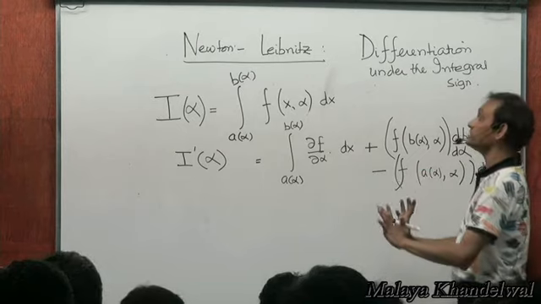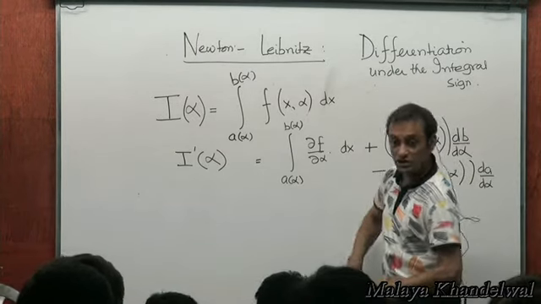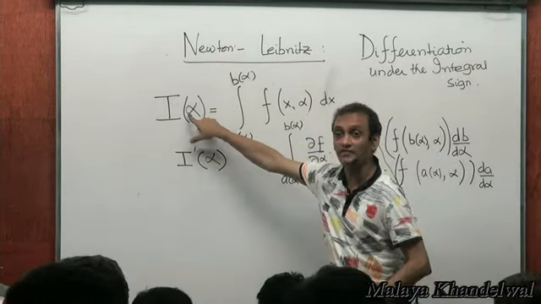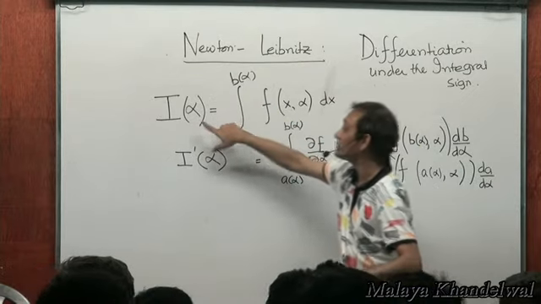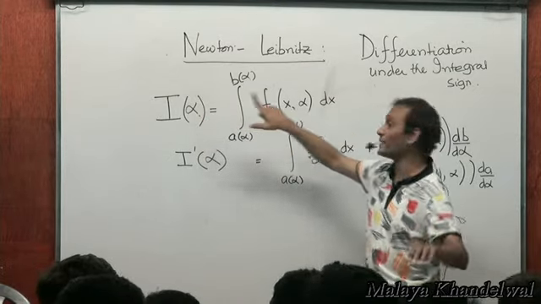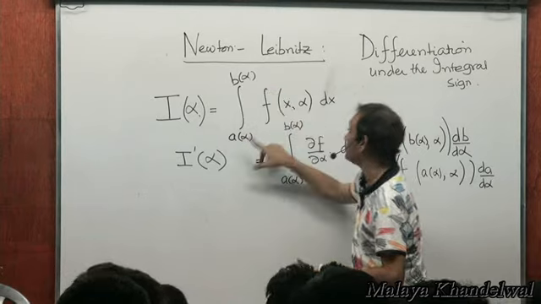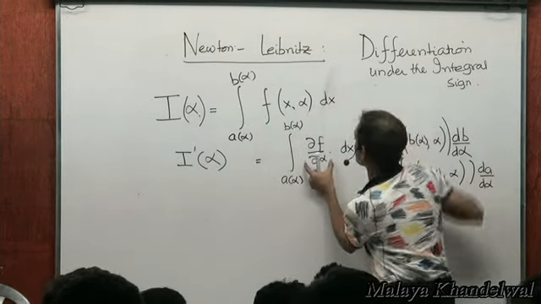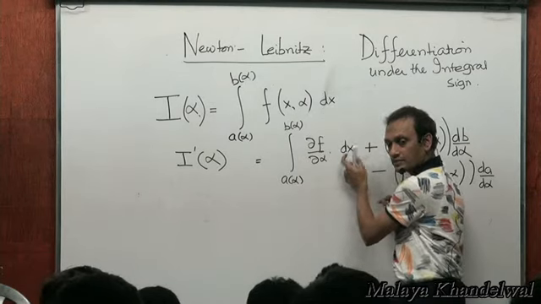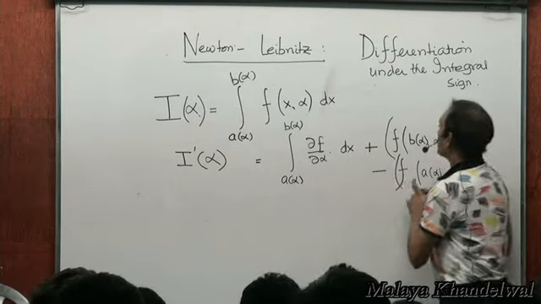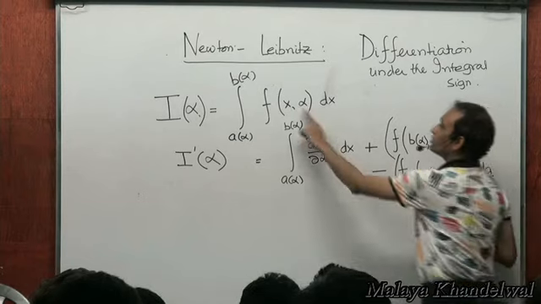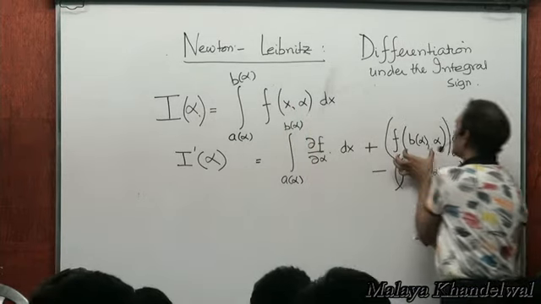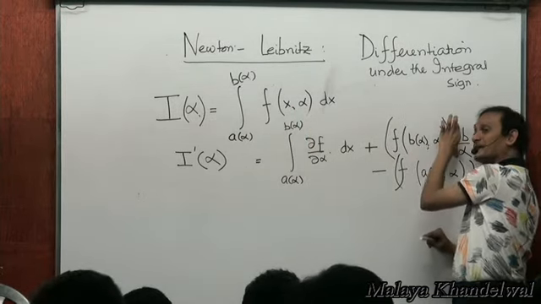So what is it? When I differentiate I with respect to alpha, in the first term, the integral, f is differentiated with respect to alpha, keeping x constant. So dou f dou alpha dx, and then integrated. In the second term, this x is replaced by the upper limit b alpha, alpha, and db d alpha.